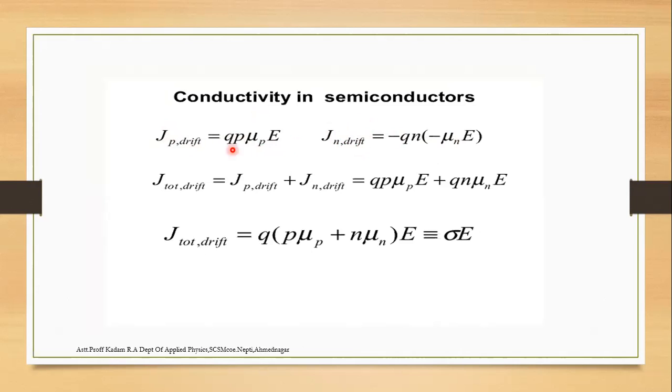Adding these, the total drift current density is calculated.